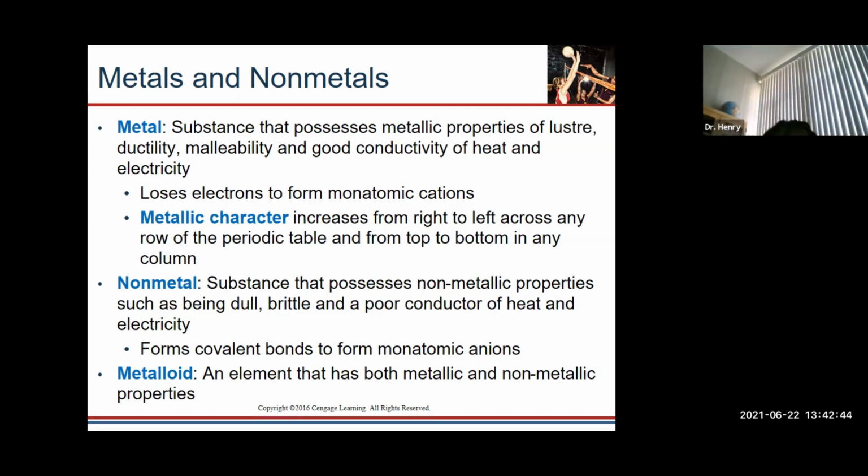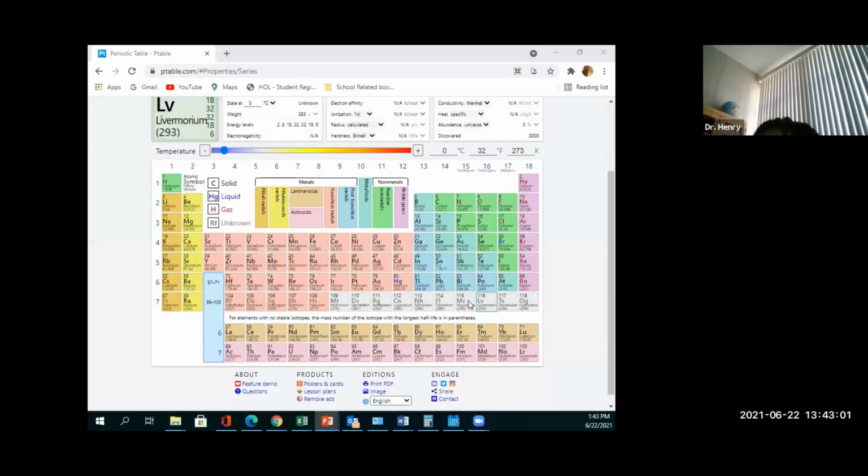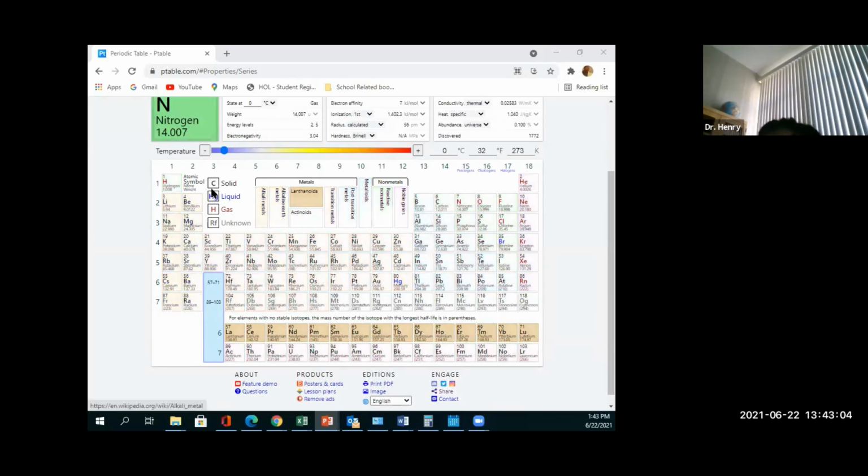So your metallic characteristics are going to increase as you go from right to left, and then decrease as we go from left to right. So let's look at the periodic table. As we go in this direction, we're going to become more metallic.